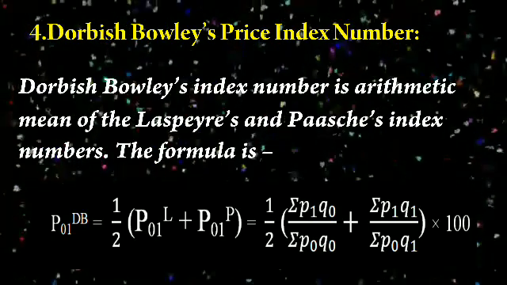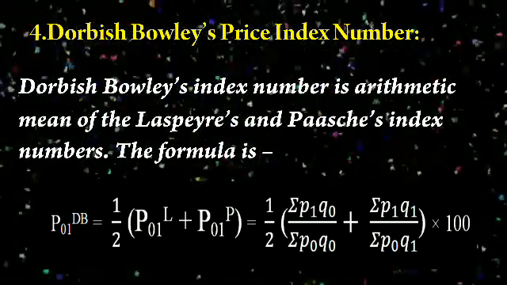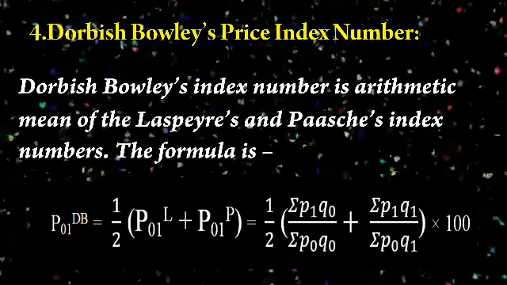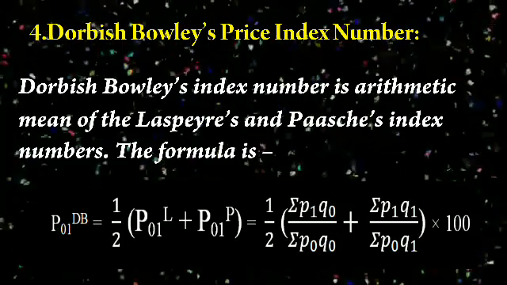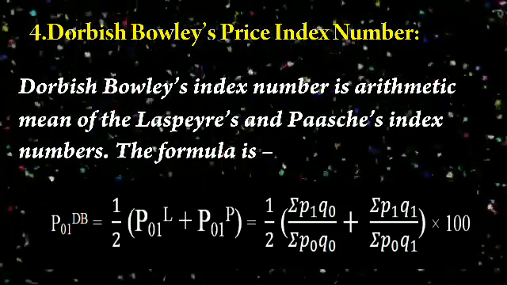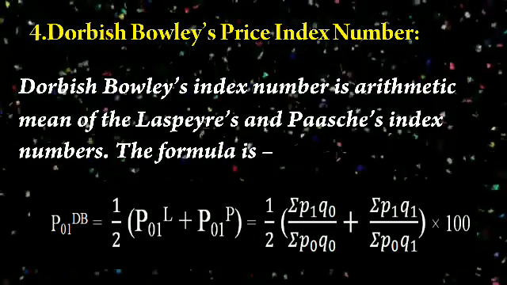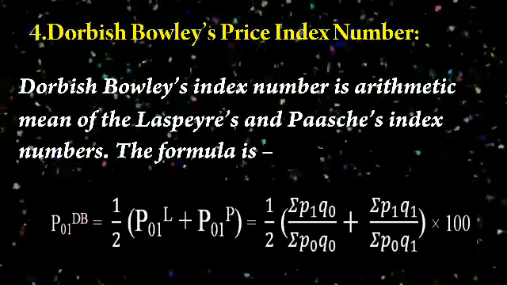So either you can use this formula or you can use the simplified version. So P01 of DB equal to P01 of L plus P01 of P into 1 by 2, or that is equal to 1 by 2 into, instead of considering the direct value of P01 of L and P, you can consider the simplified version.